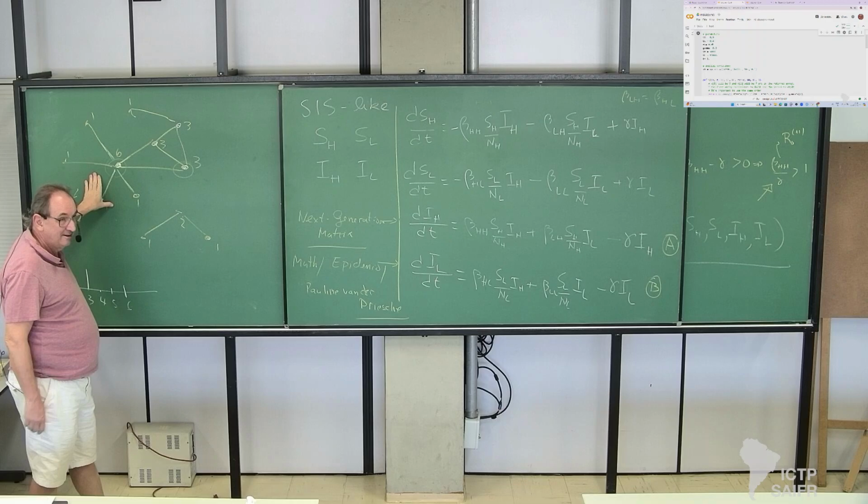Why? You're just asking people how many contacts they have over a certain period of time, which maybe people would tell you. Okay, so they don't have to give names and so on.